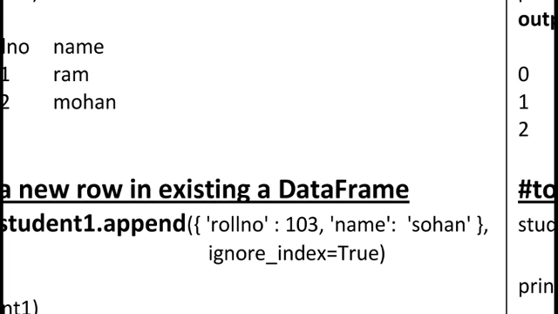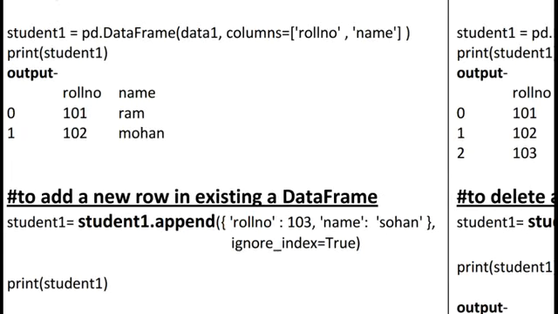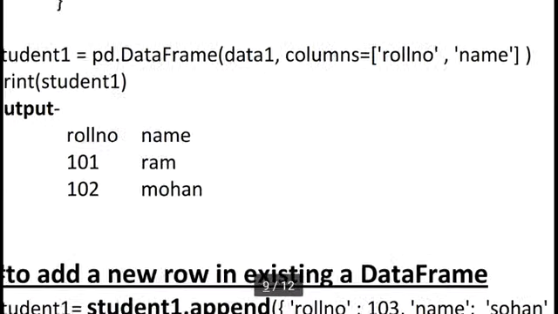So here I am using ignore_index is equal to True, means after appending the proper index serial number will be maintained: 0, 1, 2, 3, 4. So this is the line which we can use to add a new row in our data frame.